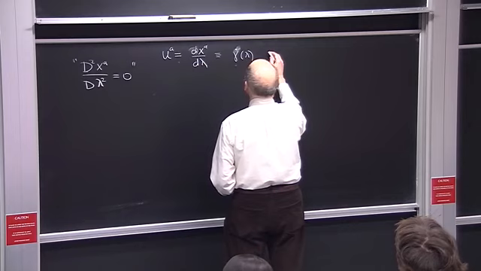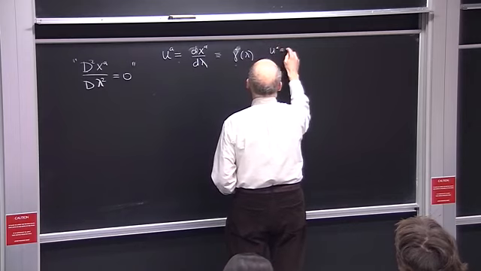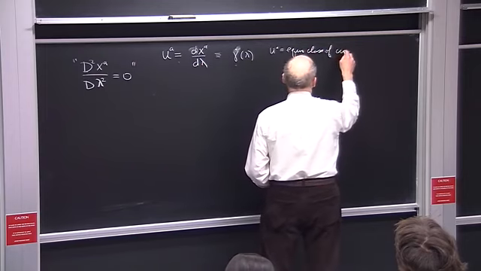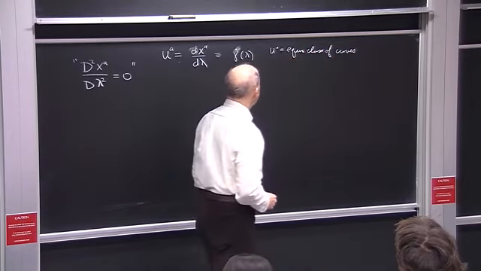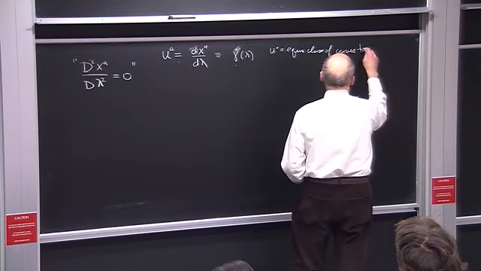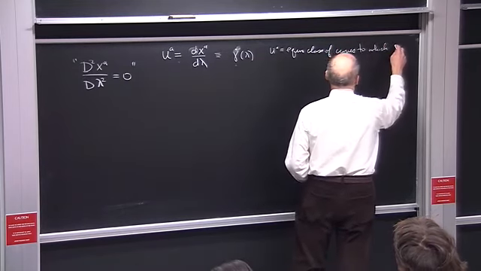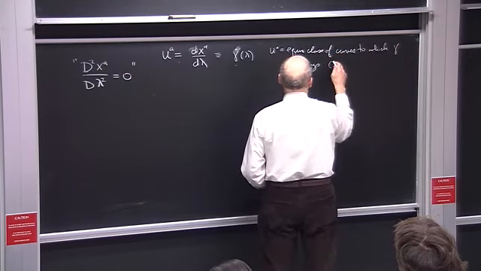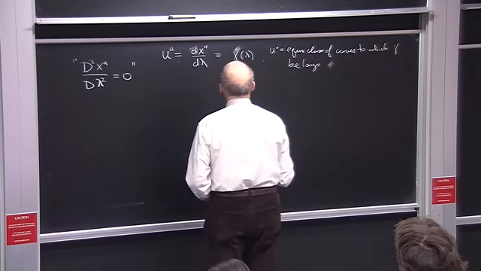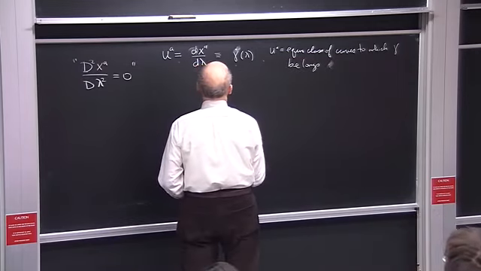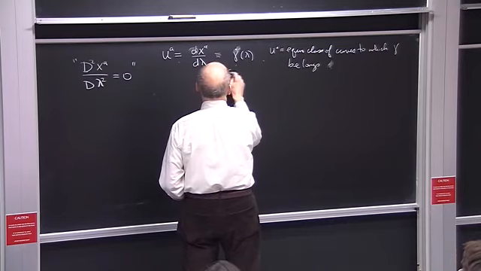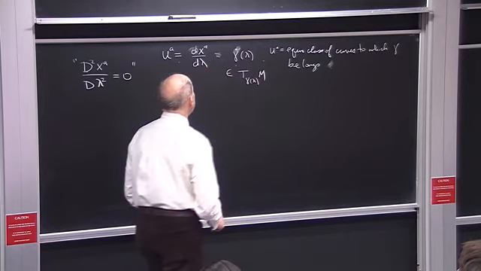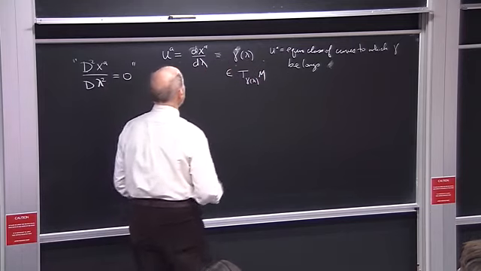That is, u^a equals the equivalence class of curves, I'm using the particular definition of tangent vector that we used here, to which gamma belongs. And of course, that means the one to which it belongs at the particular value of lambda. So in other words, this is an element of the tangent space to the manifold at the point gamma of lambda.